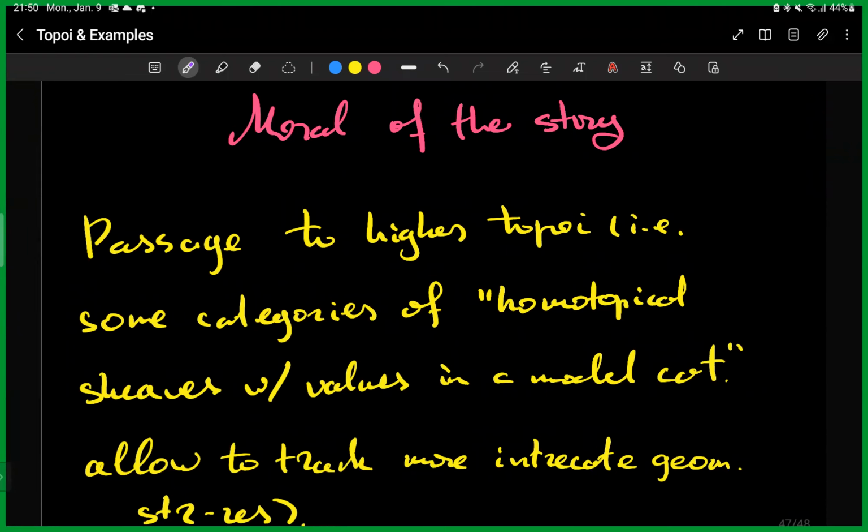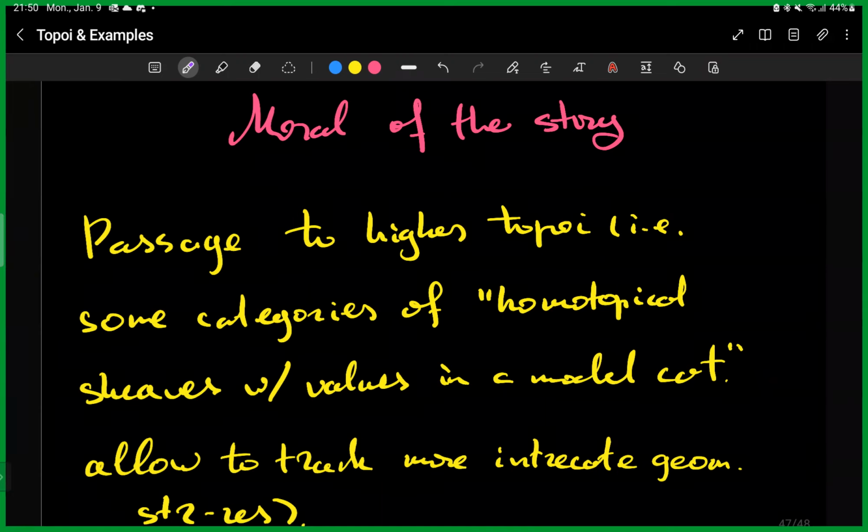But as we saw next, sheaves are insufficient to capture finer geometric structures, for example, connections, or foliations on manifolds. And simplicial presheaves allow us to do that. So the moral of the story is that by passing to higher topoi, we allow ourselves more geometric freedom while still retaining all the power of calculations, as we saw earlier with Chern-Weil isomorphisms.